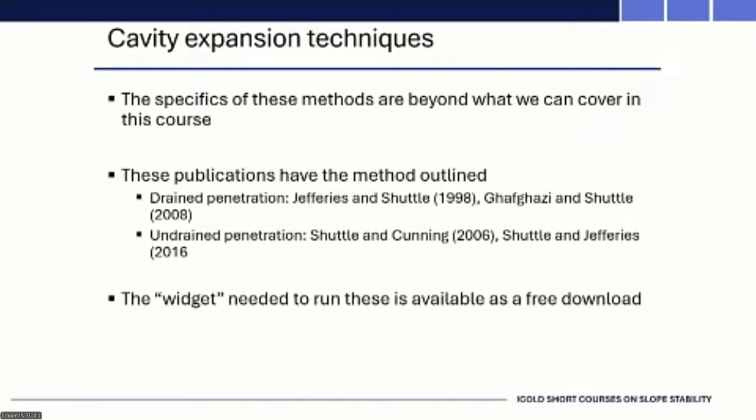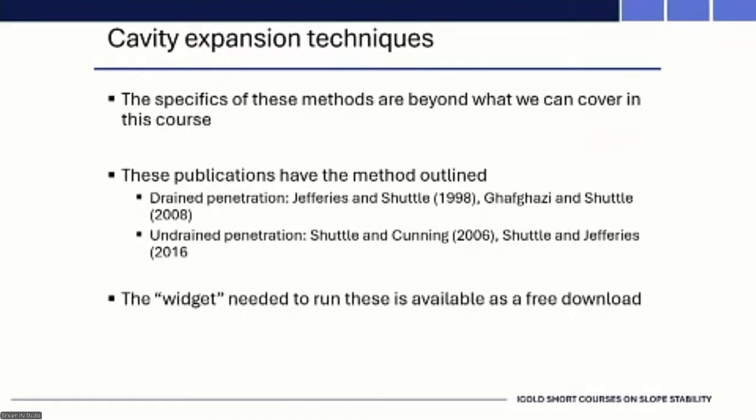Now, these methods of cavity expansion, as I said, they're used to correlate with CPT tests, but it needs some kind of linking parameter. They've been done for both drained and undrained penetration. There's the reference for them. And you need to run this little piece of software that's been called the widget by Mike Jeffries.